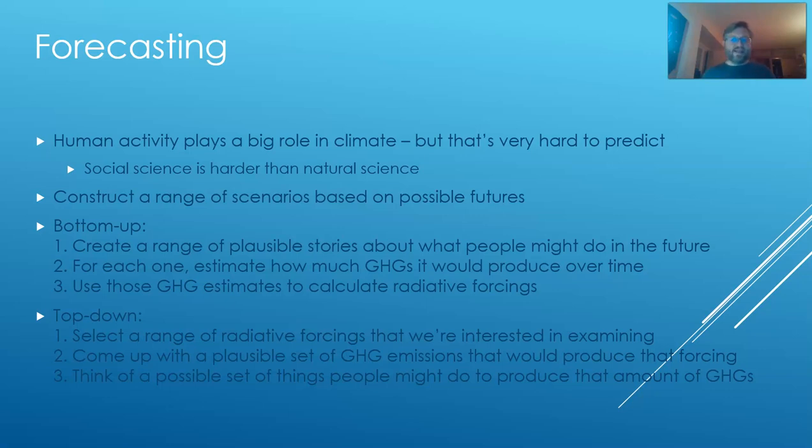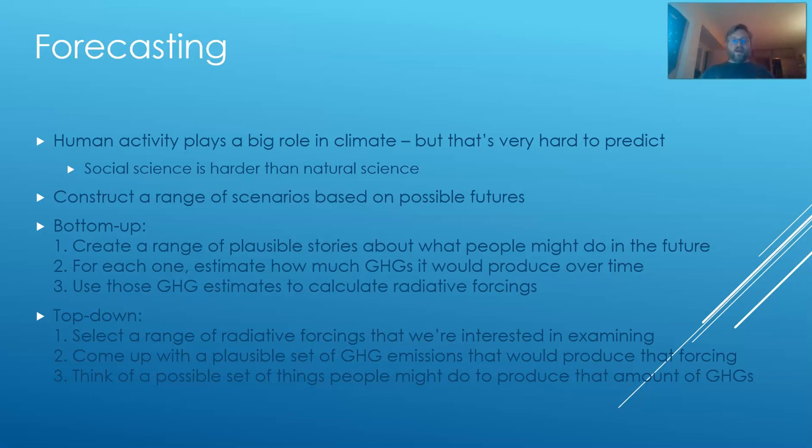The other approach we can take is called top-down. So with a top-down approach, we start with a range of radiative forcings that we're interested in examining. So we say, all right, we want to see what things might look like at a radiative forcing of X watts per square meter at a certain point in the future.